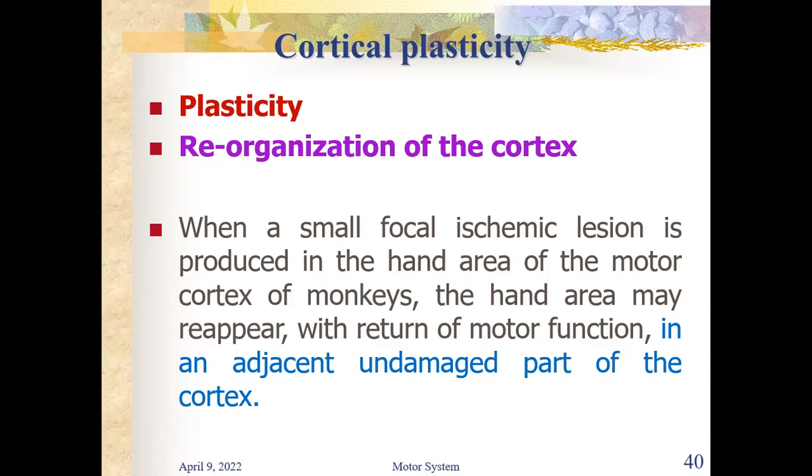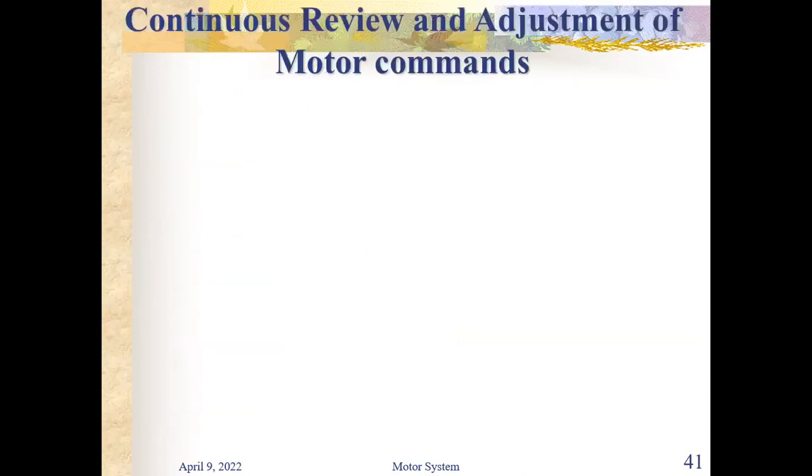Another area will be assigned to that part of the body in which the ischemia or the lesion had damage in the motor cortex. So it can be an adjacent undamaged part of the cortex that will be assigned to carry out the functions of the damaged motor cortex that was controlling the particular part of the body.